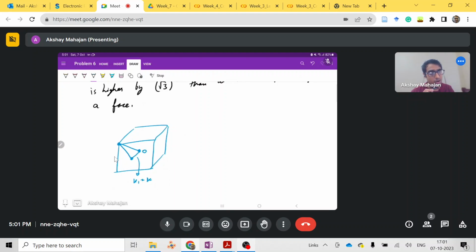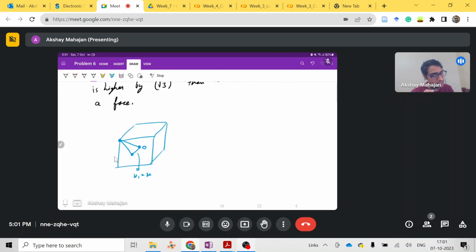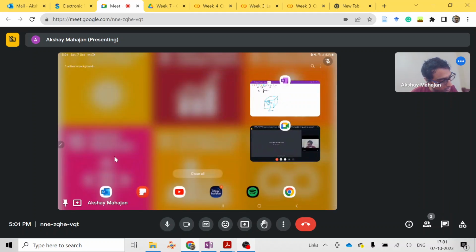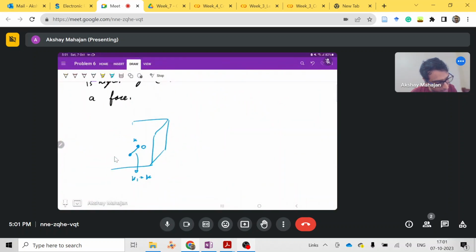If this box in k space has a length 2k, then the body diagonal will be root 3 times 2k, and half of that will be root 3 times k, because this is the body diagonal. I should have drawn it as a body diagonal.